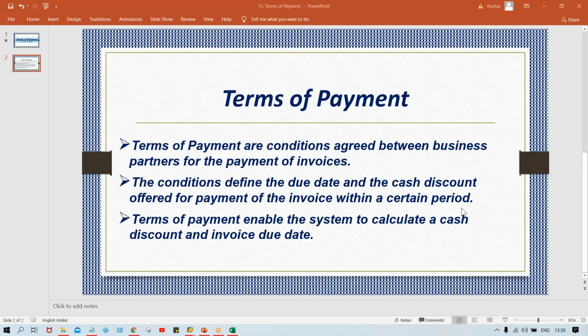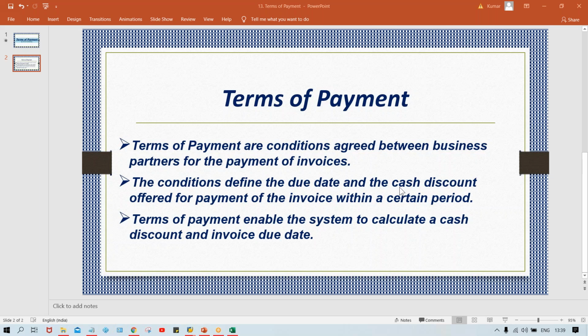If we are able to release the payment in 15 days, that 5% discount is supposed to be calculated and posted in our books of account. So no need to remember or recall the discounts manually, guys. The discounts also can be given at the terms of payment level itself.